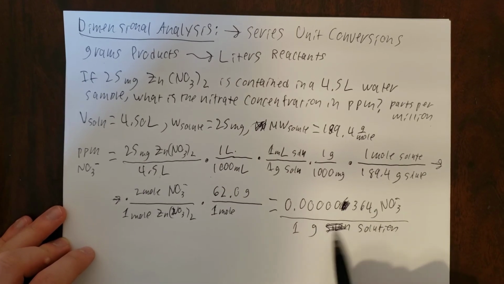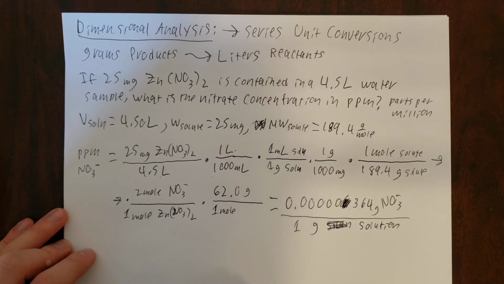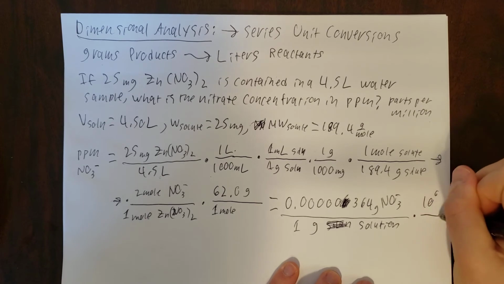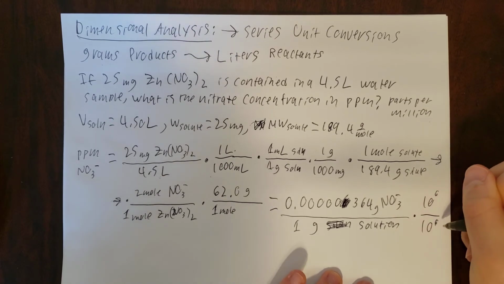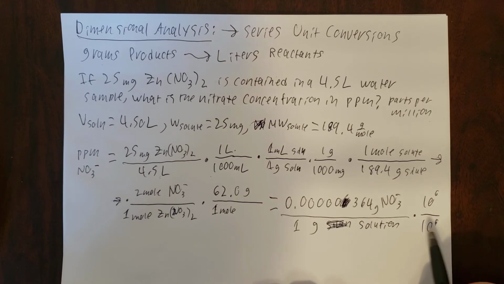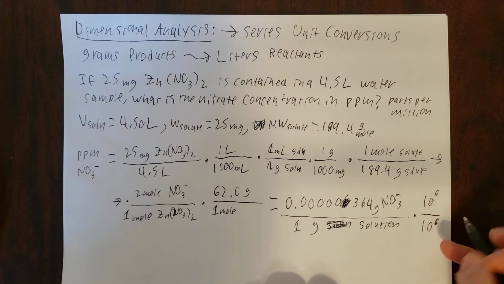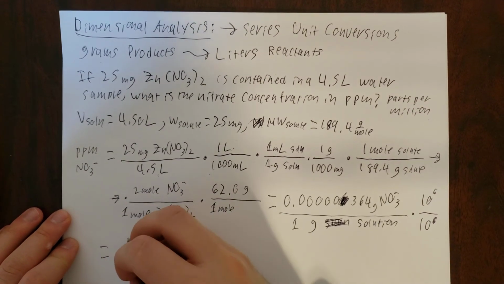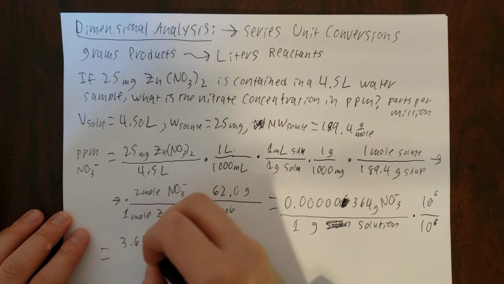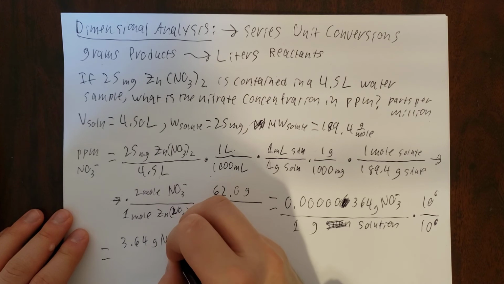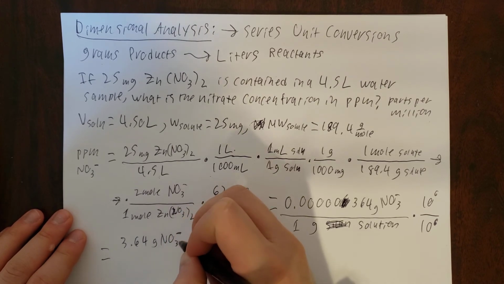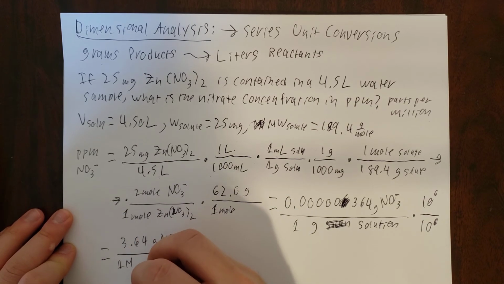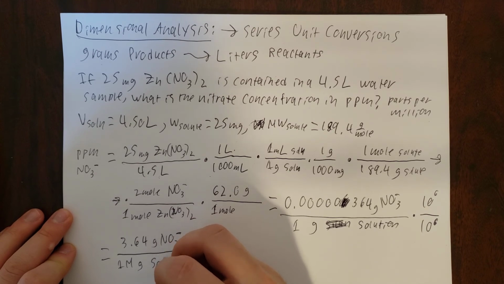Now, this is not a parts per million answer. What if we take this number and multiply the top and bottom by 10 to the 6th? Now, 10 to the 6th is equal to 1 million, right? So what this effectively does is give us 3.64 grams of the nitrate anion per 1 million grams of solution.